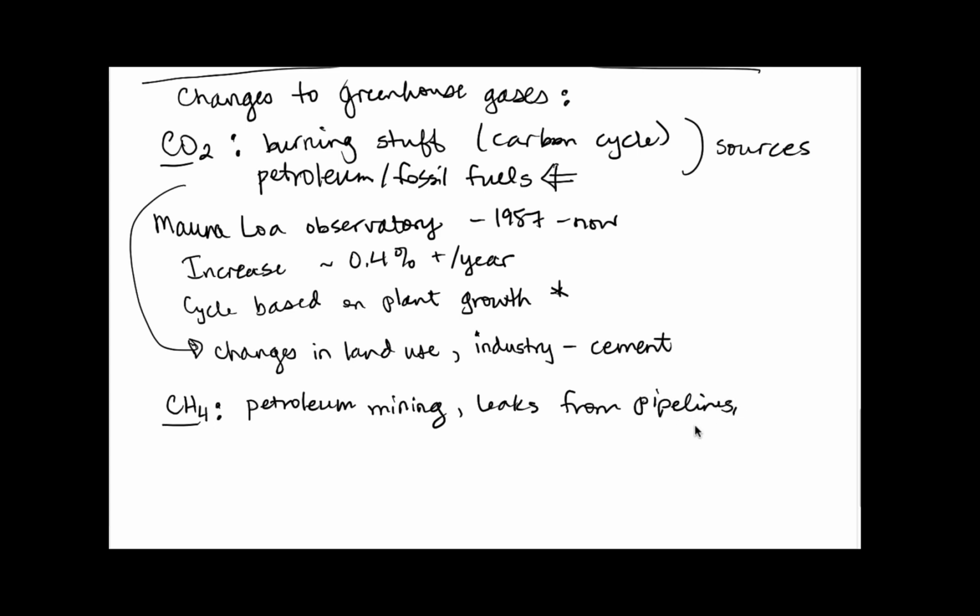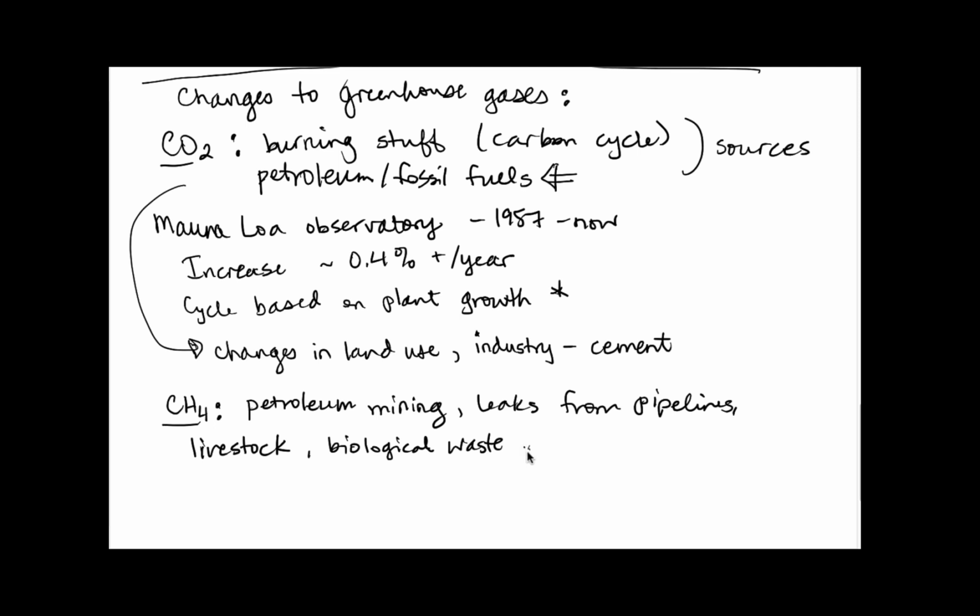It's produced by livestock. You've probably heard about cows and flatulence, and this is true. It's also from waste, right? So biological waste as it decomposes, and that's another source from livestock as well, that we have to deal with, both human waste and animal waste.